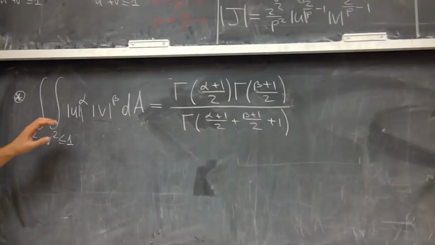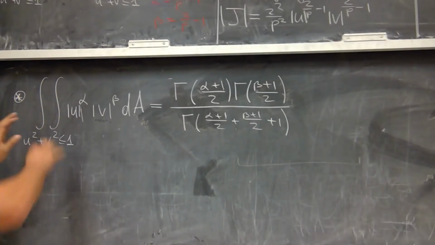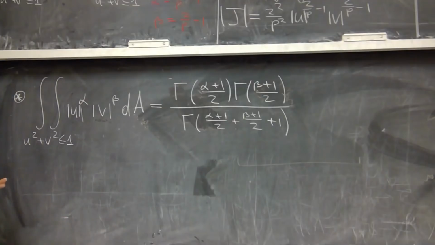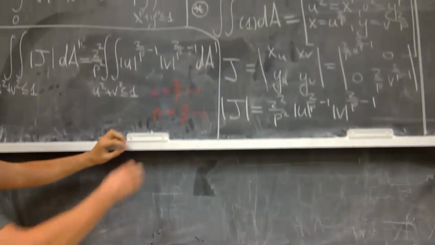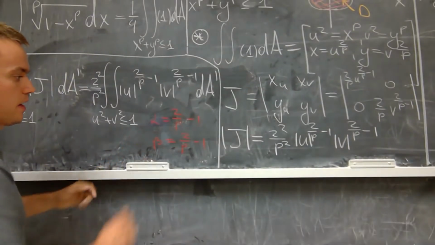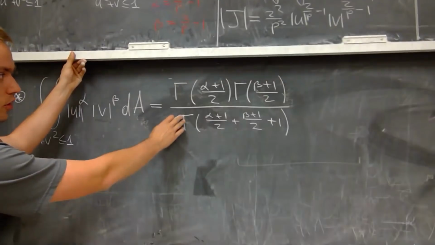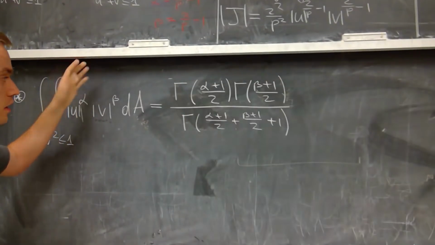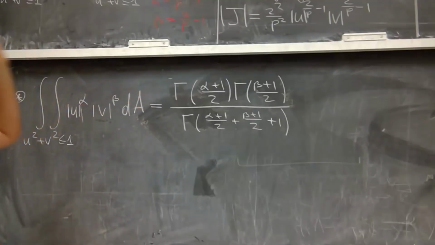So what will I get? I'm going to prove this fact in a couple of minutes, but let's plug in alpha and beta into this formula and see what we get. Again, I'm going to give you the proof of this fact in a second.